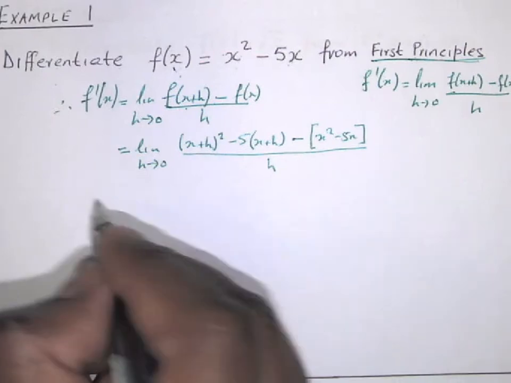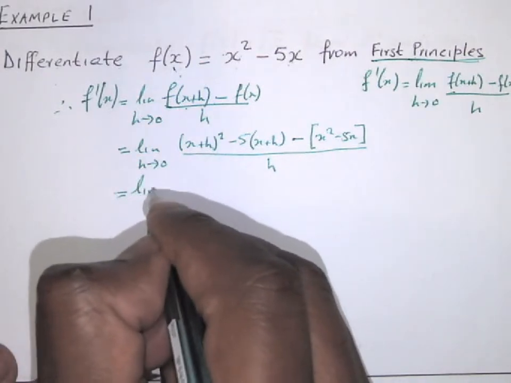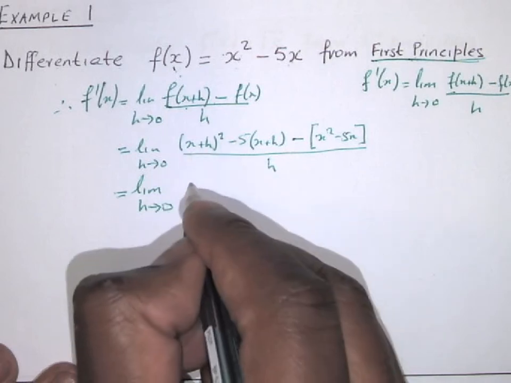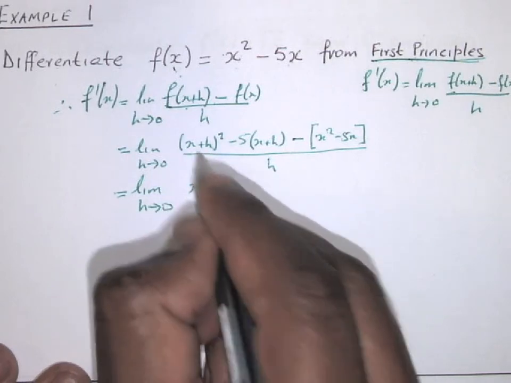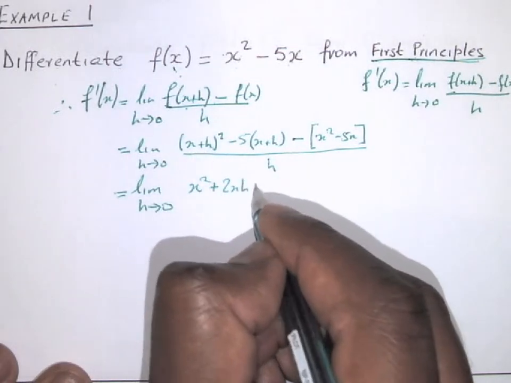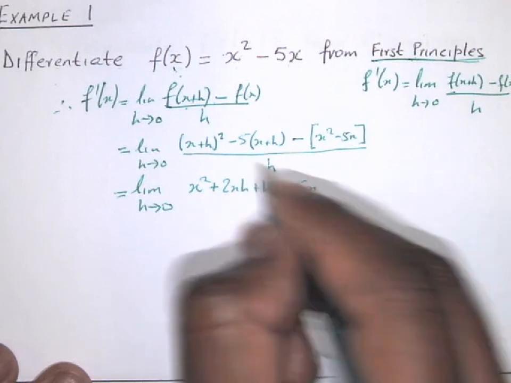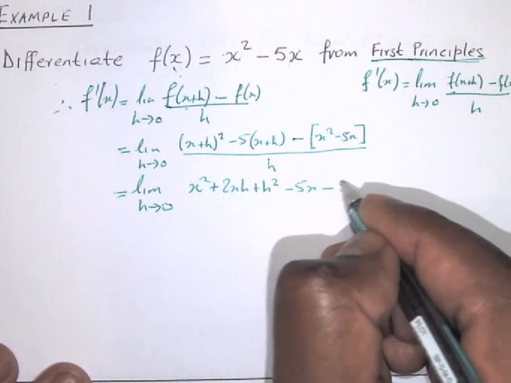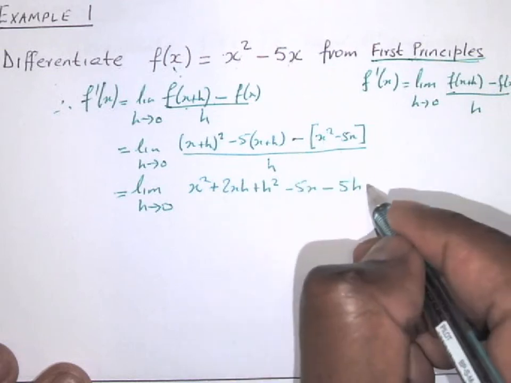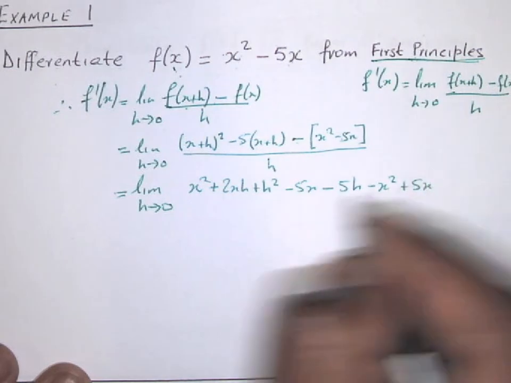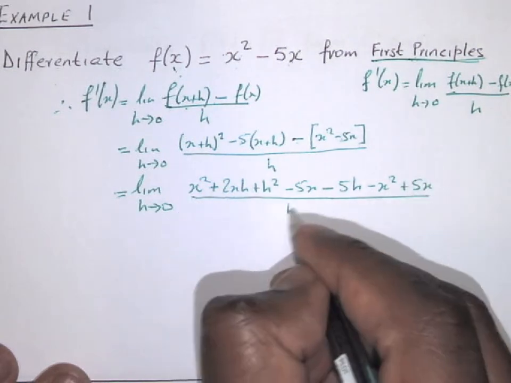Now I can simplify. It's the limit as h approaches 0. Simplifying, this is x squared plus 2xh plus h squared, this is minus 5x, this and this is minus 5h, this and this is minus x squared, this and this is plus 5x, all over h.